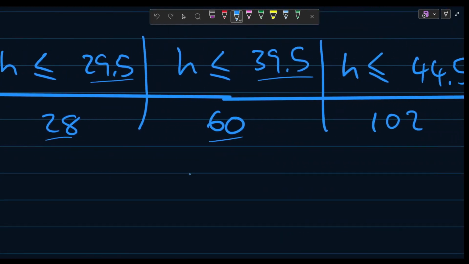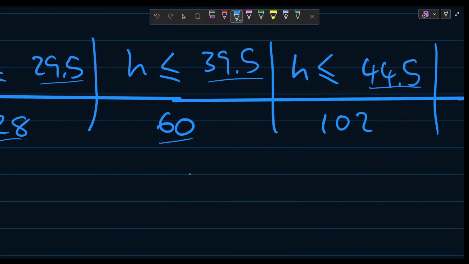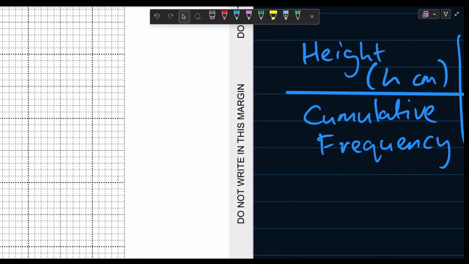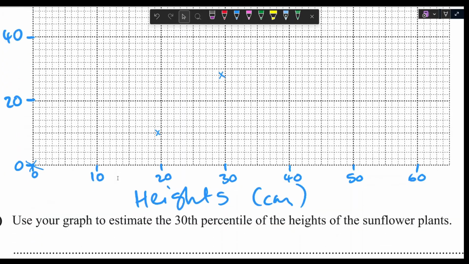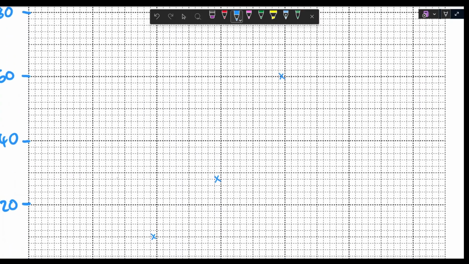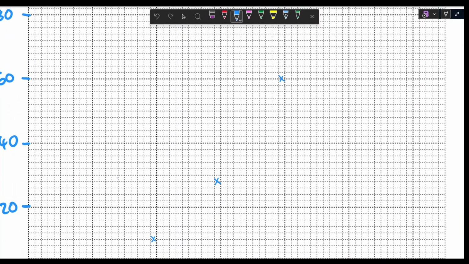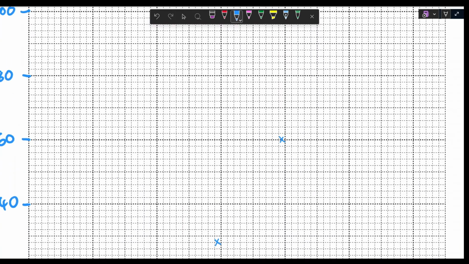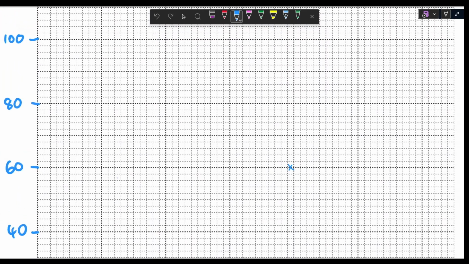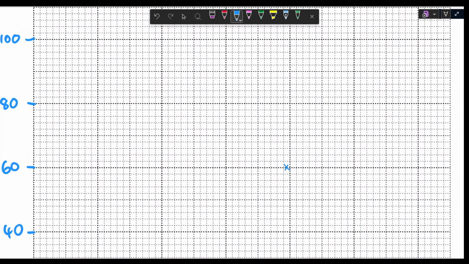And then we want 44.5, 102. Okay. So 44.5 is going to be just before this line. And we want 102. 102 would be here.